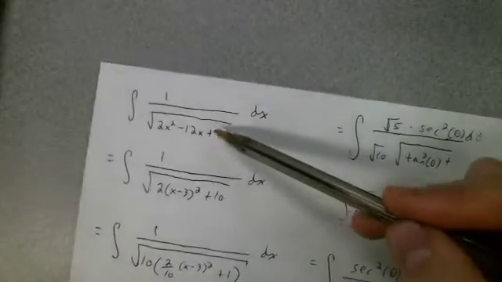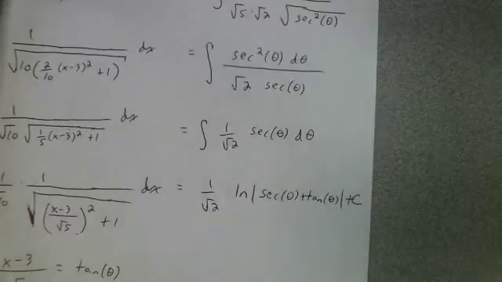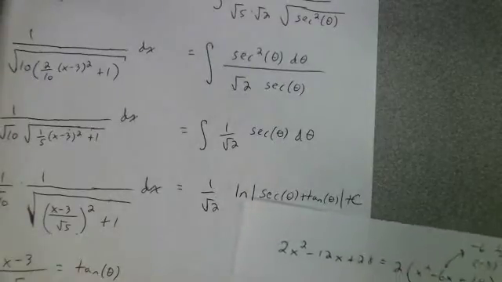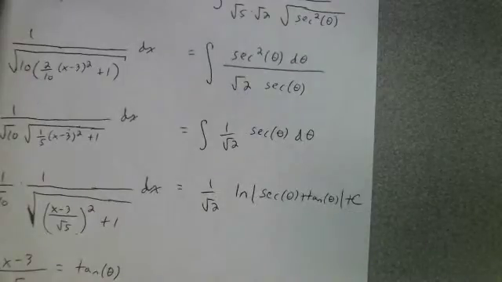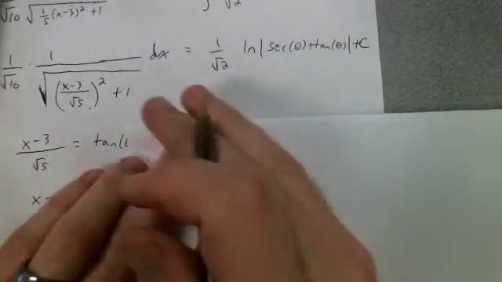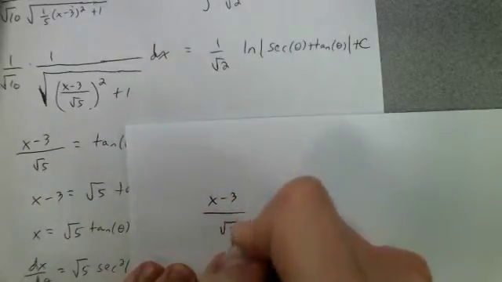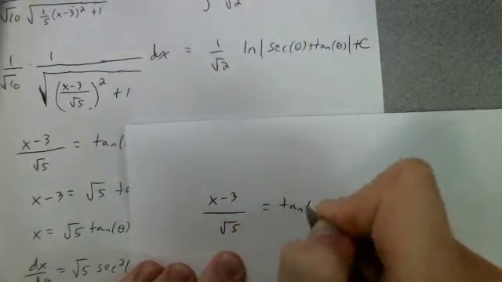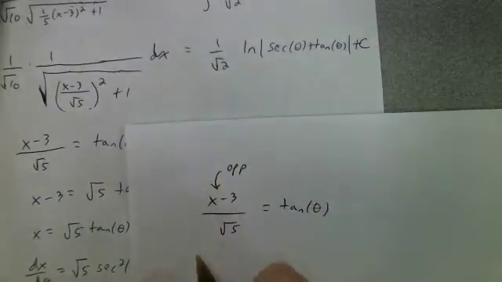So, my original problem had x's in it. I need my final answer to have x's in it. So, let's see here. I'm going to have to use the triangle trick. I let x minus 3 over the square root of 5 be the tangent of theta. So there's my opposite side, and there's my adjacent side.